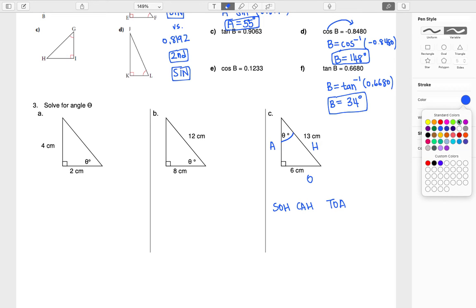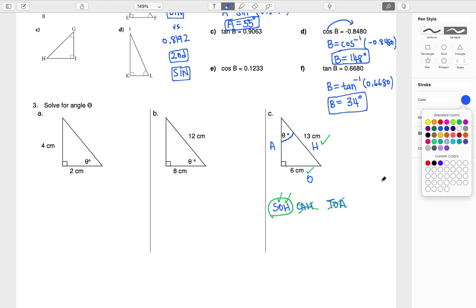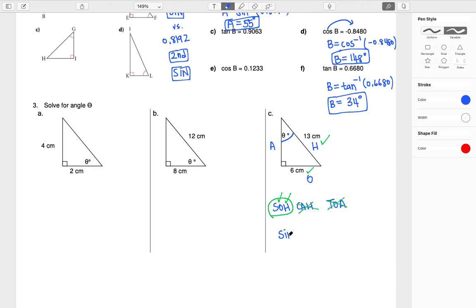Now let's figure out which trig ratio I will be using. It looks like I'm given H and I'm given O. So which of the trig ratios contains O and H? It's not Toa, it's not cosine, so it must be sine containing O and H. So I'm going to write down the formula, sine, and then you can write x, or I could write theta.